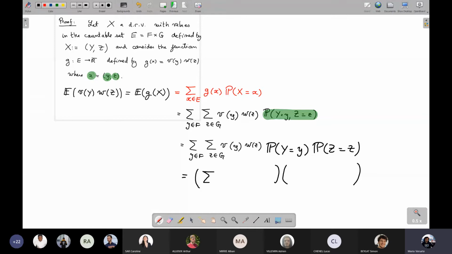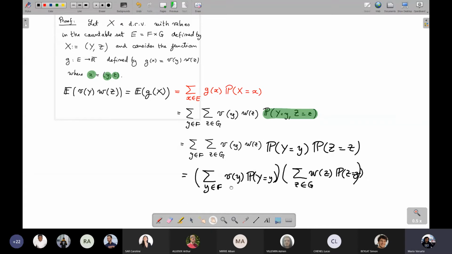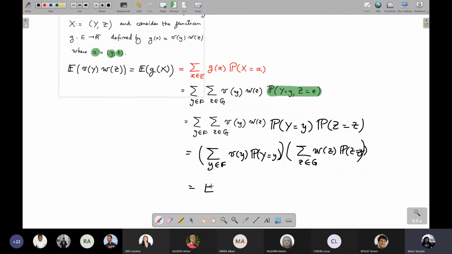So this is the sum for y in F of v of y times the probability that Y equals y, times the sum of z in G of w of z times the probability that Z equals z. And of course, we find that this is the expectation of v of Y times the expectation of w of Z, and that's the end of the proof.